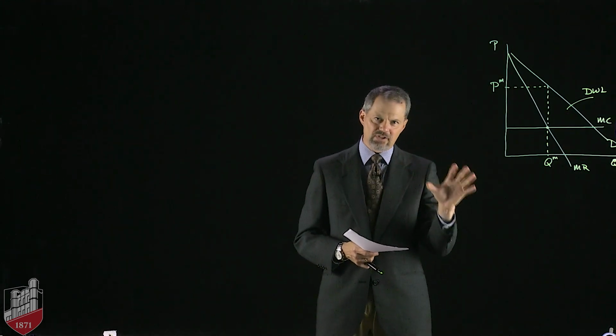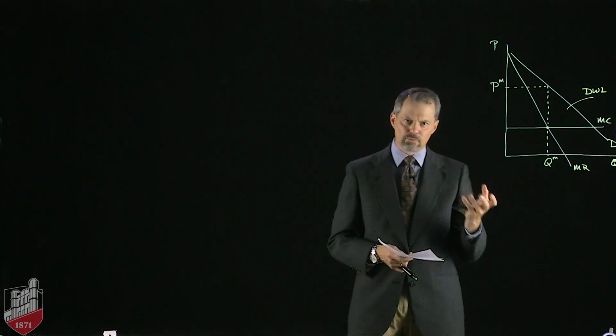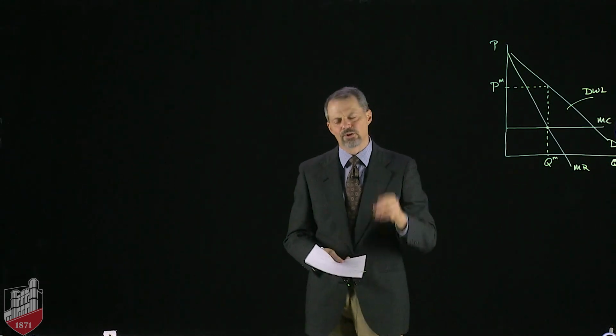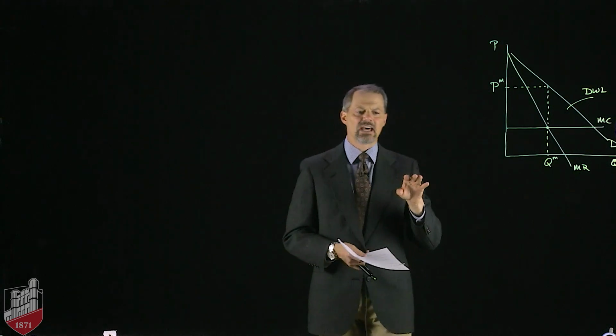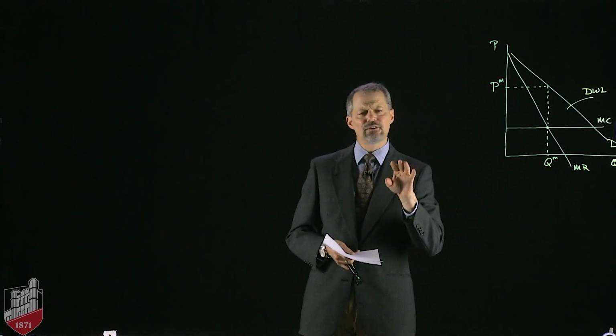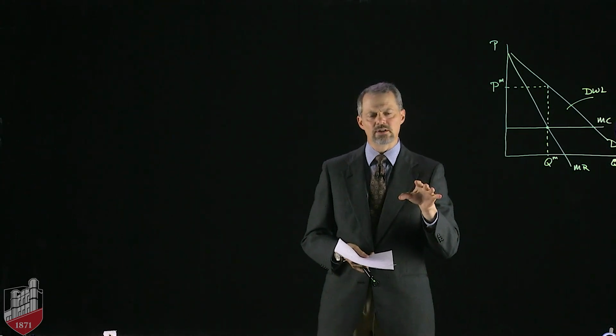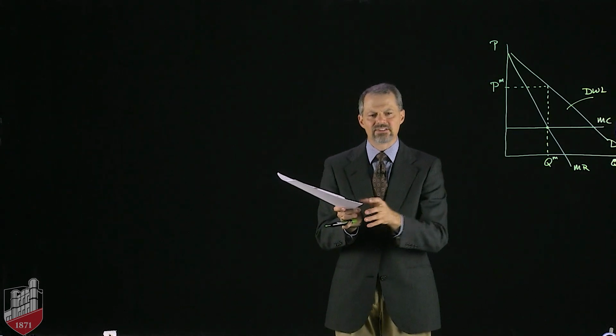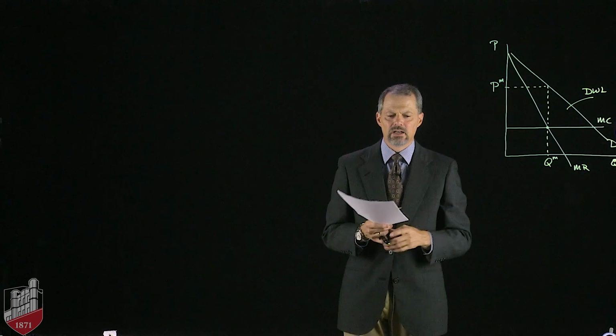They have to know something about the consumer's willingness to pay in order to pick the right price for that particular consumer. And then the second condition that has to hold is that the firm has to be able to prevent arbitrage. Now, arbitrage is the act of buying at a low price and selling at a high price.